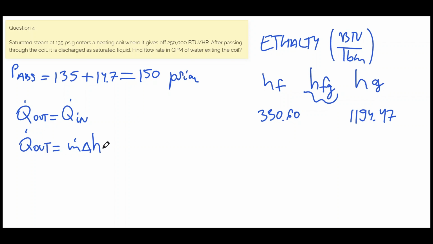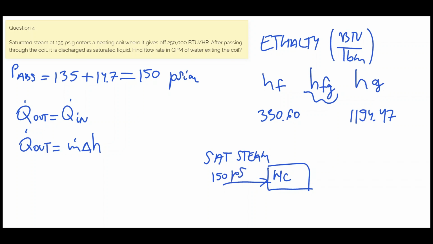So if you draw the coil, this is our heating coil, we know that our fluid comes in as saturated steam at 150 psia, and it exits as saturated liquid at the same pressure, 150 psia.